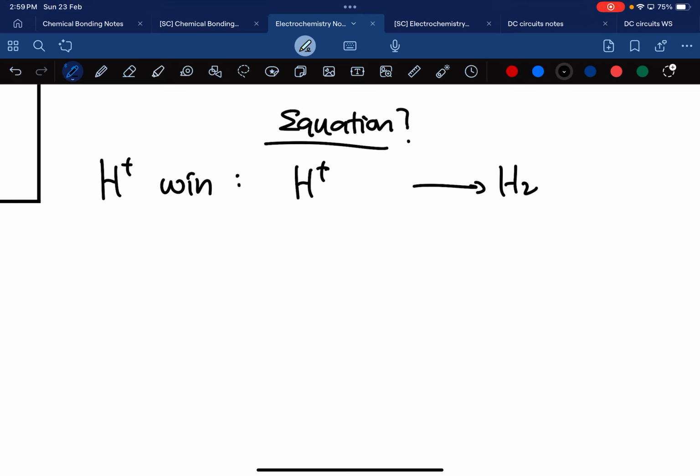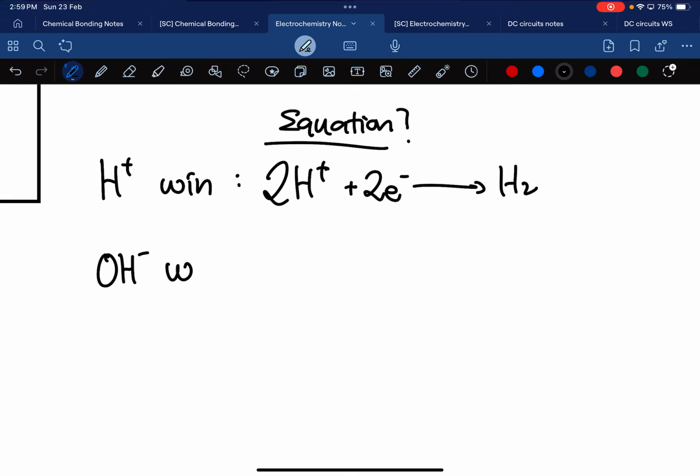Balance. And H plus is positive, you want to gain electrons to become zero. This is your equation for hydrogen undergoing selective discharge. Okay?